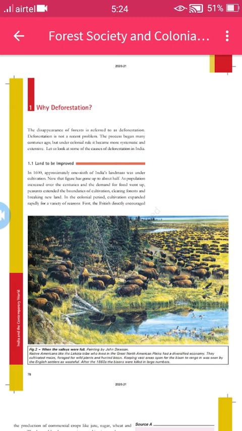That process started a century ago, from the ancient period. Why? Because the main reason for deforestation is cultivation, agriculture.